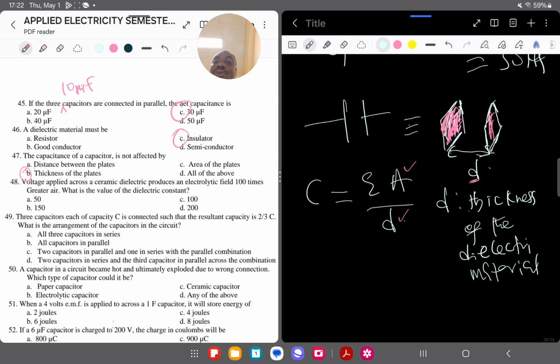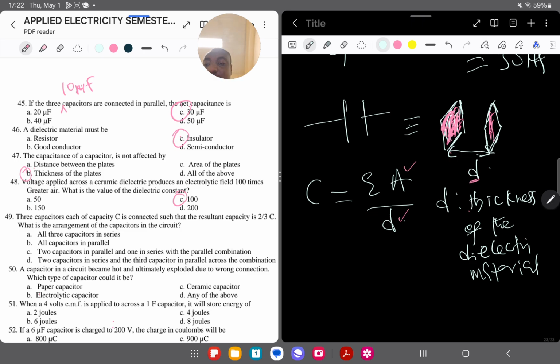I refer to it as relative permittivity because we look at that permittivity relative to that of air. So the dielectric constant is the same as the relative permittivity. Since it is 100 times greater than air, the dielectric constant is going to be 100. So the answer here is C.